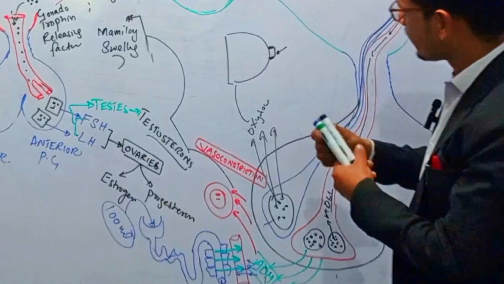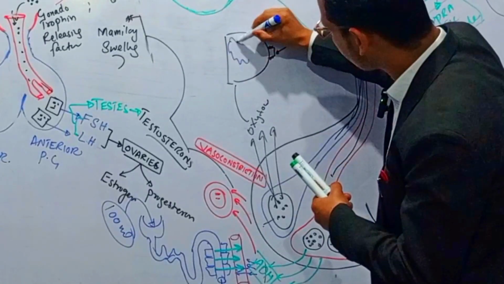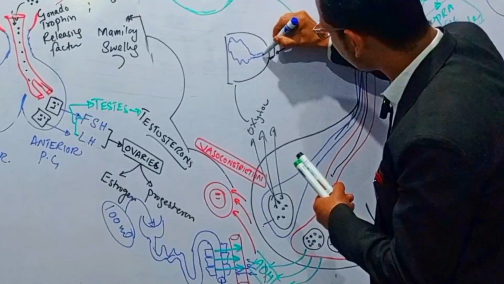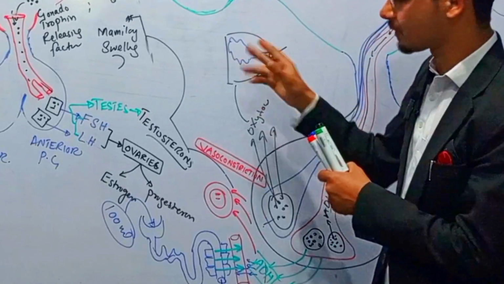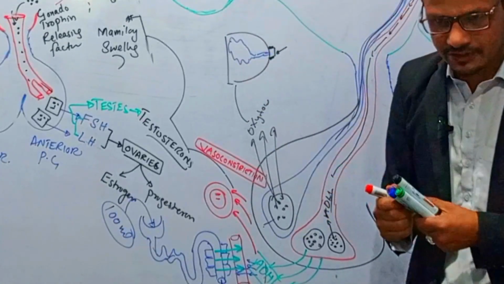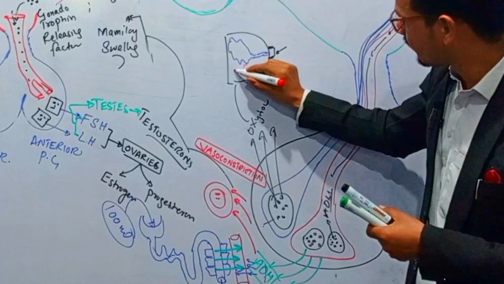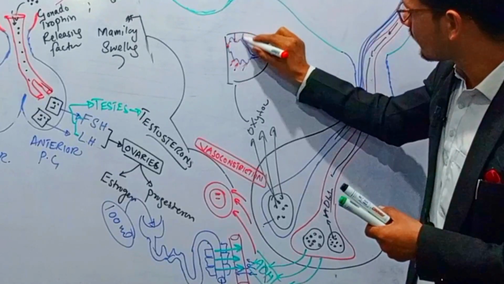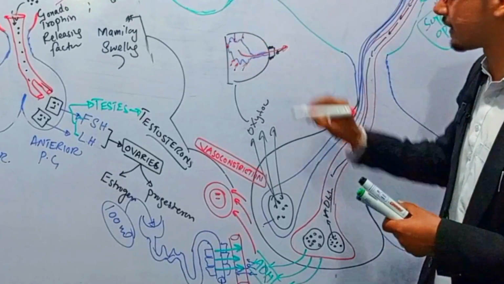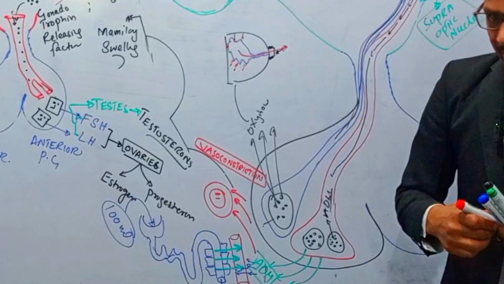For example, we have glands here for milk production. Prolactin is responsible for production of milk, and this oxytocin contracts these receptors and the milk is ejected, right?